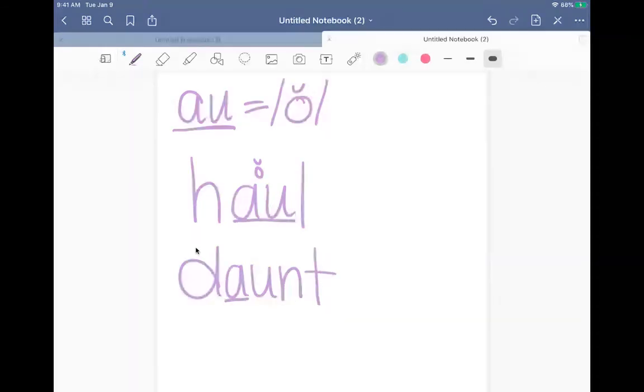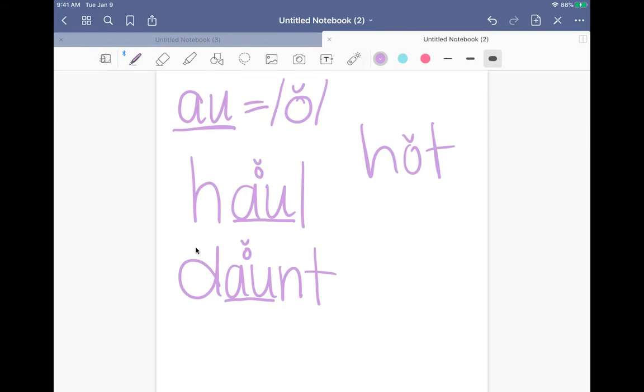When I see my AU, I like to underline it to remind myself that they come together to make one sound. And I like to give me a little O with the short U. You remember when we code, like if I code hot, that's how I code my U to remind me that it's short and not long. I like to draw that little O over it just to remind me that the AU is going to make that aw sound. So this says d, aw, nt, daunt.